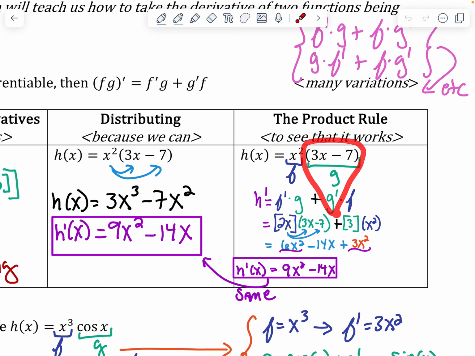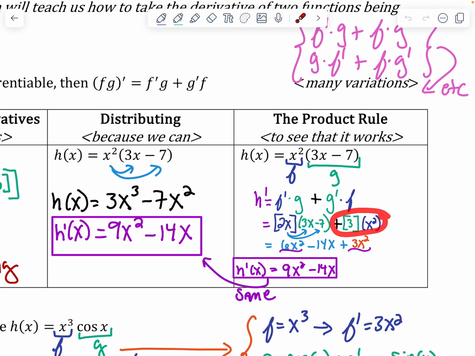The derivative of the second function, which in our case is just a 3, multiplied with the original first function, x squared. So as I distribute the dark blue 2x to my green binomial, I get 6x squared minus 14x, close to the right answer, but not quite.